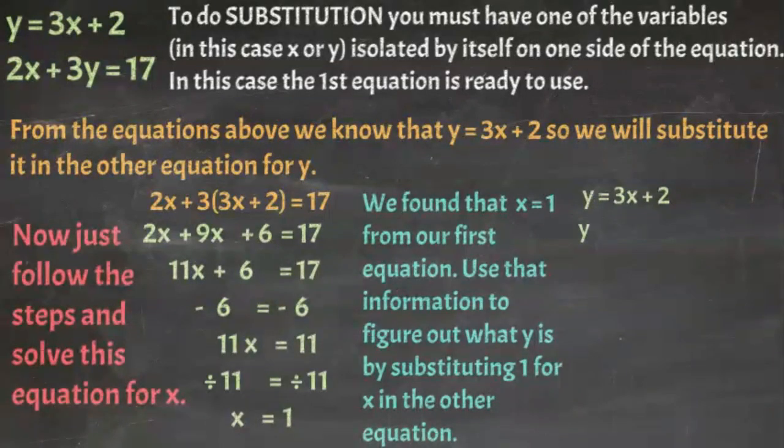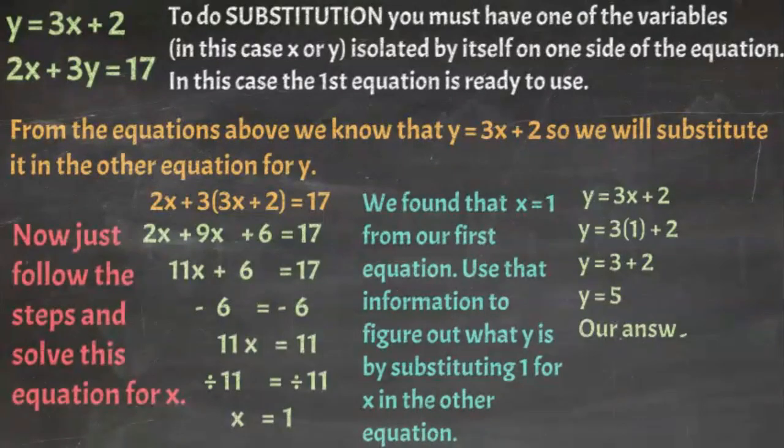We put y equals 3 times 1, the x is replaced with 1, plus 2. We get y is equal to 3 plus 2, so y is equal to 5. So our answer is the point 1, 5. Always write your answer as a pair of coordinates, so in parentheses.